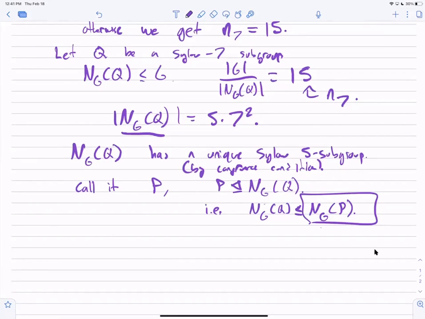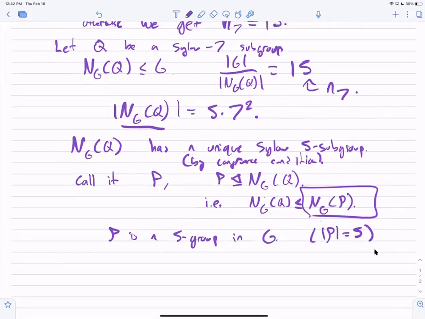Well, now I have P, which is a 5-group. It's inside of G, so we start off inside the subgroup, but in particular, it's a 5-group that lives in G. Literally, P has order 5 because it was a Sylow 5-subgroup of this thing that had order 5 times 7 squared.